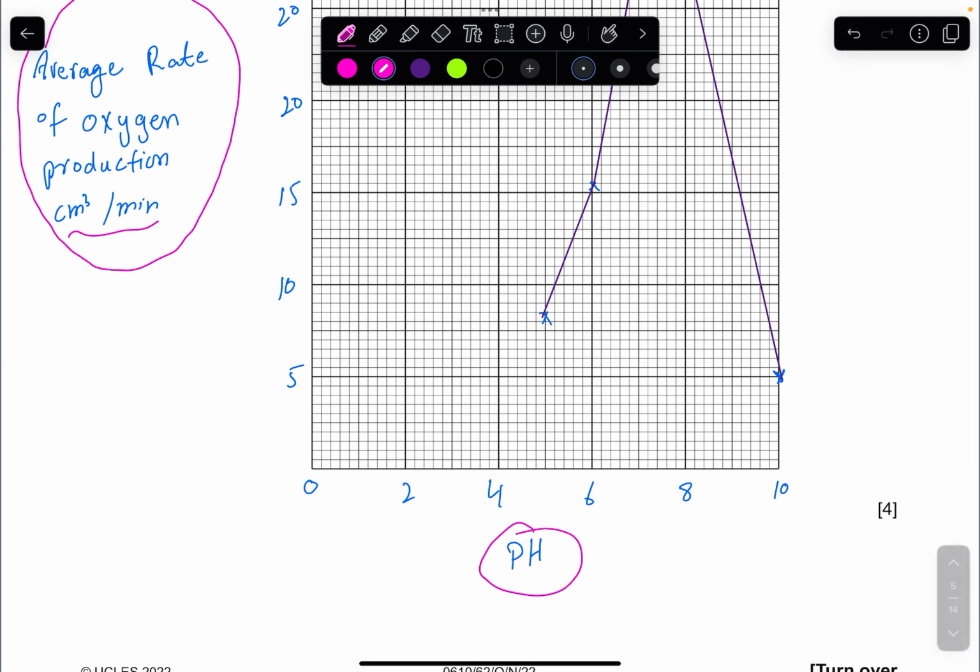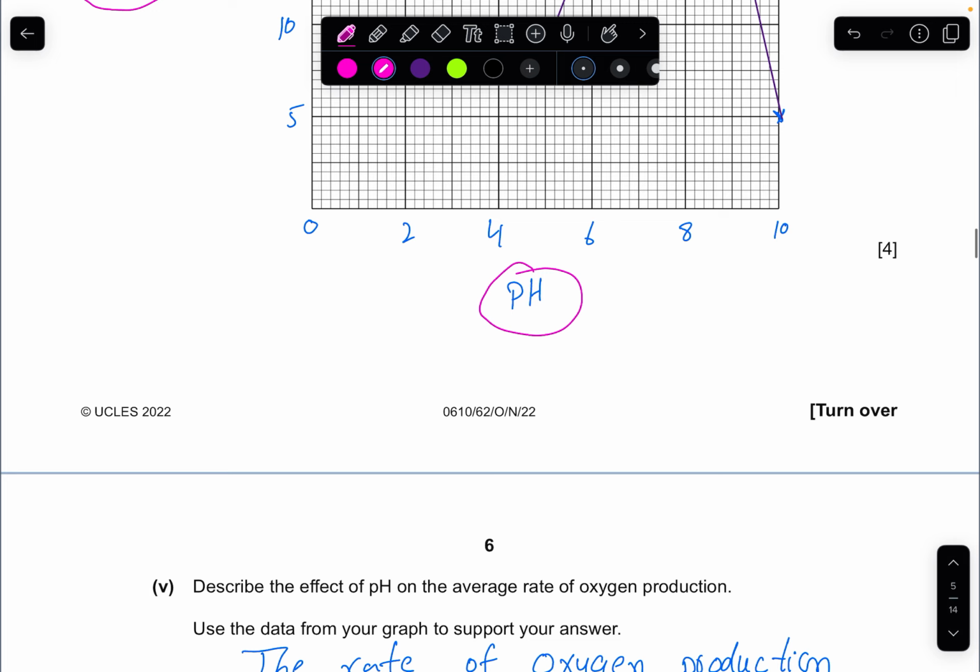So you can simply just add these and make a line and connect the points.